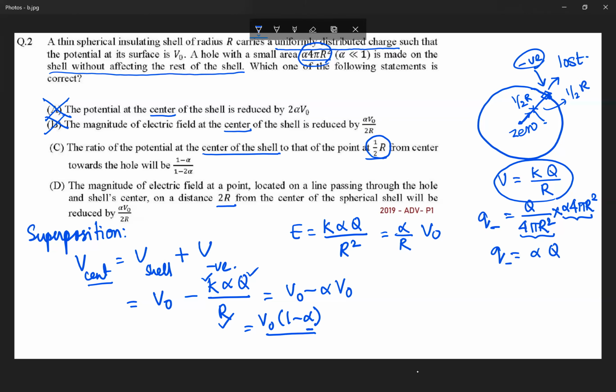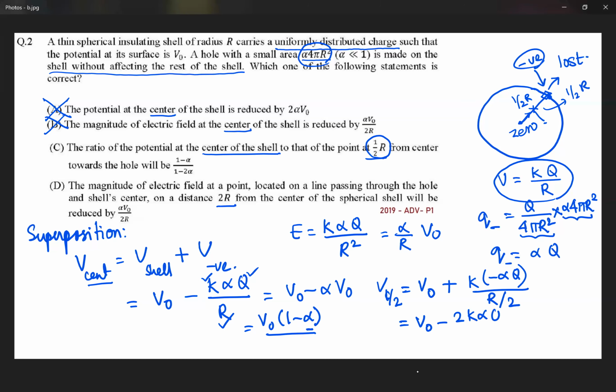So the potential at that point will be V0 plus the potential because of the negative charge, which is K into minus alpha Q divided by R by 2. So we can rewrite this as V0 minus 2 times K alpha Q divided by R. Kq divided by R is nothing but V0. So we can write this as V0 into 1 minus 2 alpha.